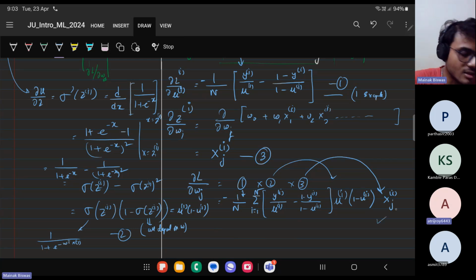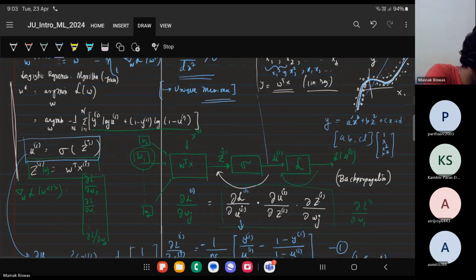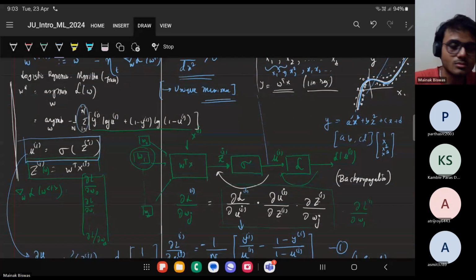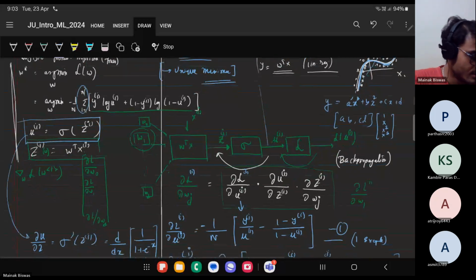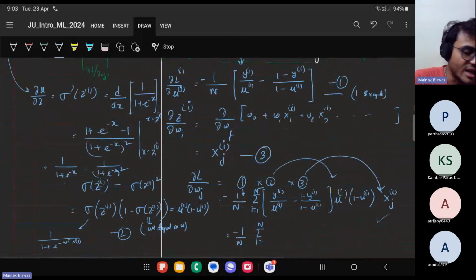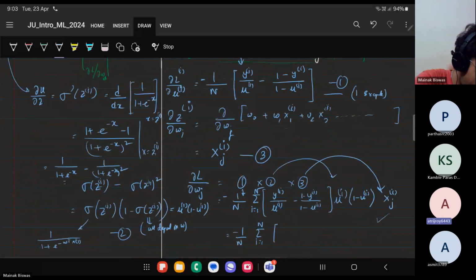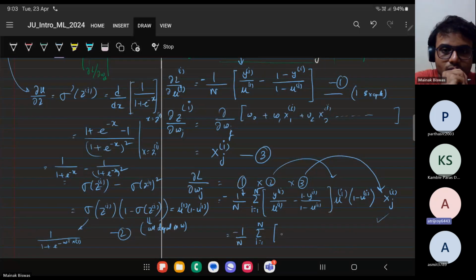This is for the jth derivative, which is equal to 1 by n summation over i. We did it for one example and continued for all the others, because this loss is a sum of all those losses. Here i is the training example, j is the feature. For each training example I added up all the losses.